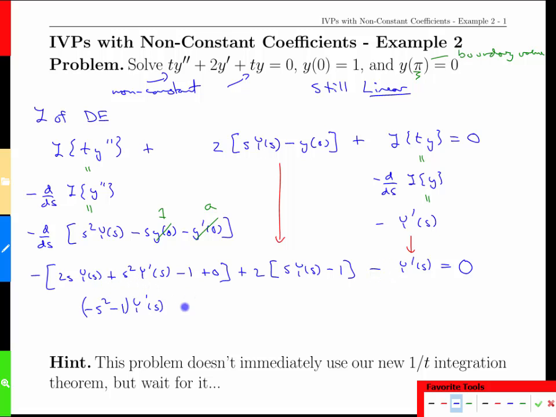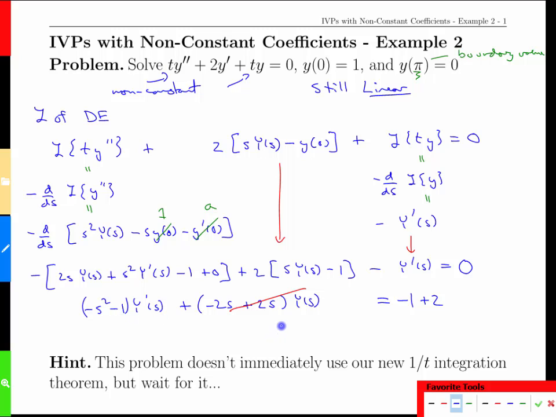For the Y terms, we have negative 2s and positive 2s times Y(s). And we also have some singleton terms. We have a negative negative 1. That's going to end up on the far side as minus 1 when it's done. And we also have a 2 minus 1. That'll be negative 2. It'll become a plus 2 on this side.